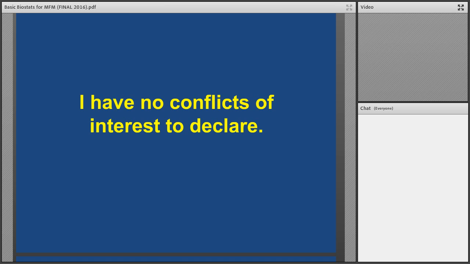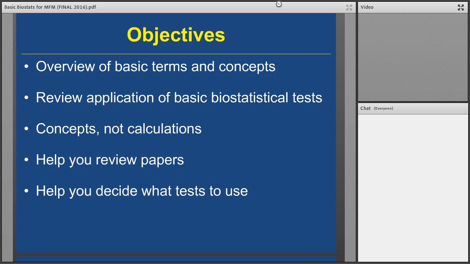I'm going to start by saying I have no conflicts of interest to declare. The objectives are to give an overview of very basic terms and concepts and review how to apply our basic biostatistical tests. We're going to focus on concepts, not calculations. It's not important for us to know how to derive the variance or how to run SPSS or anything like that.